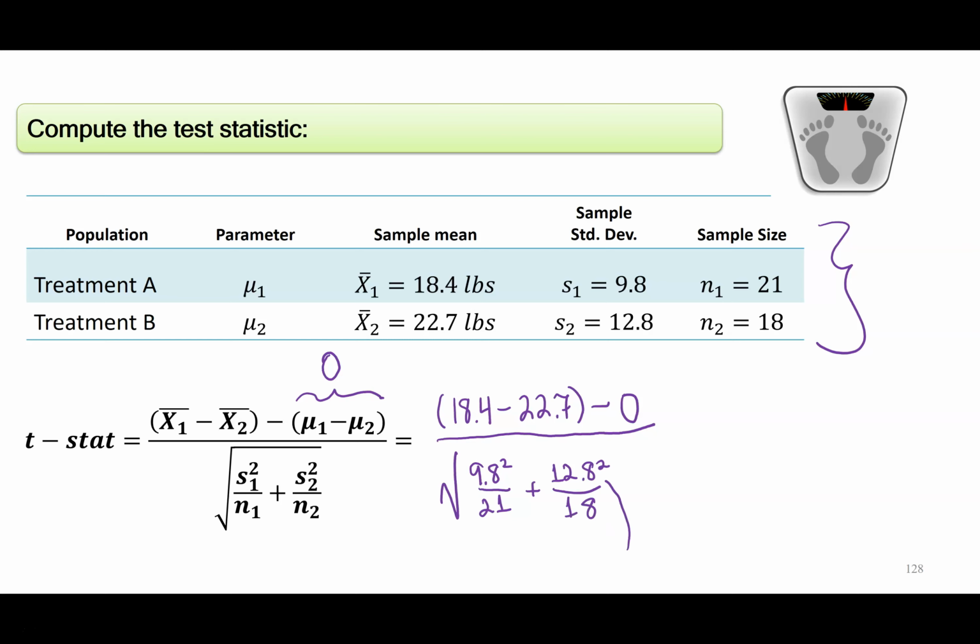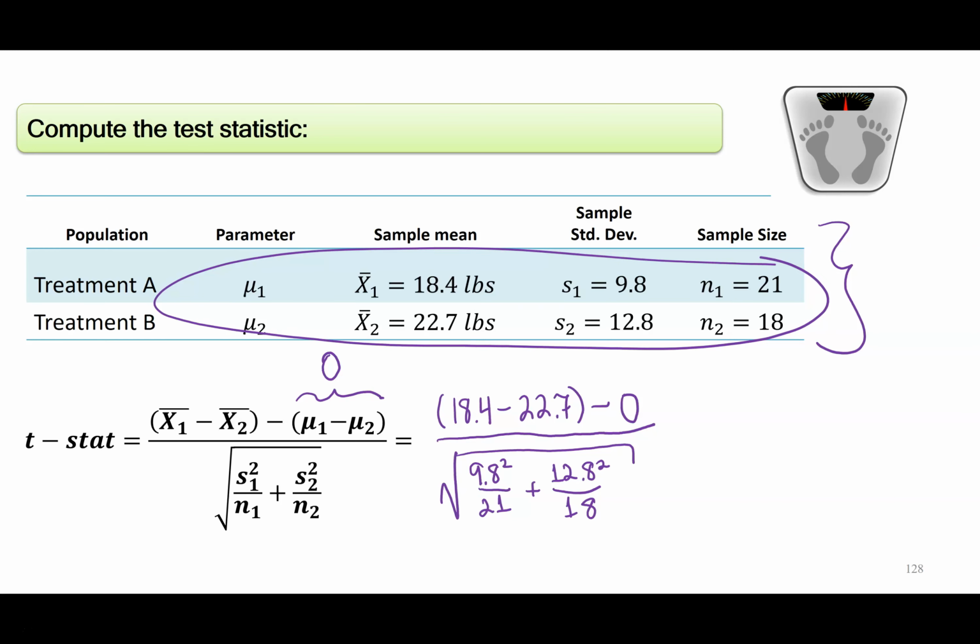And I have to say, dropping these squareds, forgetting to do the squareds, is probably the most common mistake when entering this into a calculator. So just a caution, it's really, really easy to do 9.8 over 21 and not 9.8 squared over 21. They're also really handy. If you have the information in this table and you have a TI 83 or 84, you can throw it into your calculator and plug it in and it will help you calculate this for you.